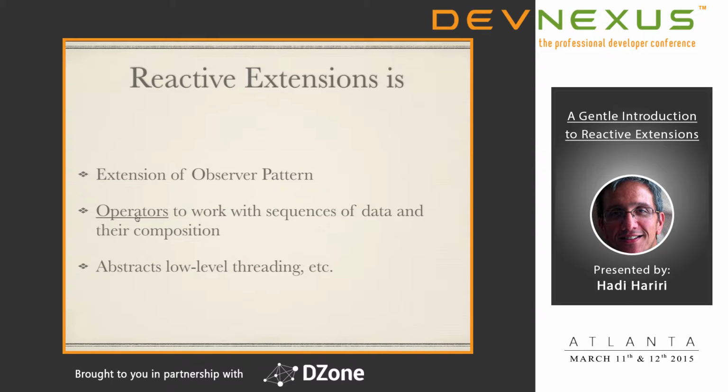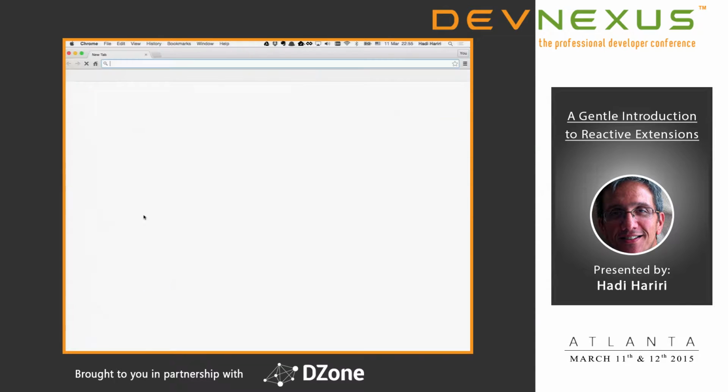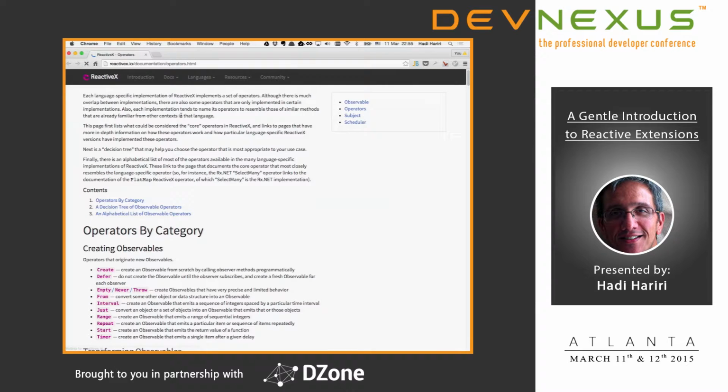Now, I've highlighted the operators because this is really important, and it's one of the main factors of Rx: there is a whole bunch of operators. In fact, that's the idea of why it's called extensions.